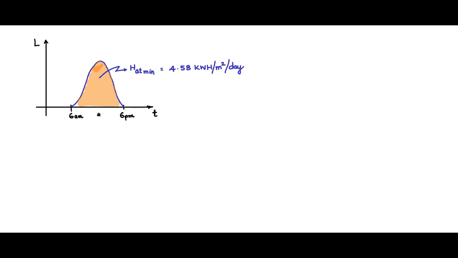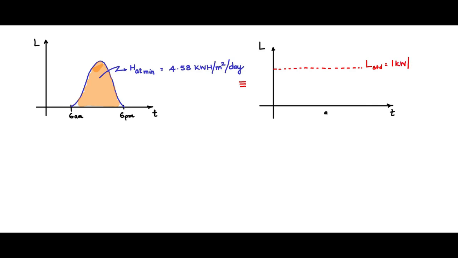Now this picture of the insolation versus time can be equivalently written in this fashion. I am writing another T versus insolation L graph. On this I am going to mark the line indicating the standard insolation L standard, which is 1 kilowatt per meter square.